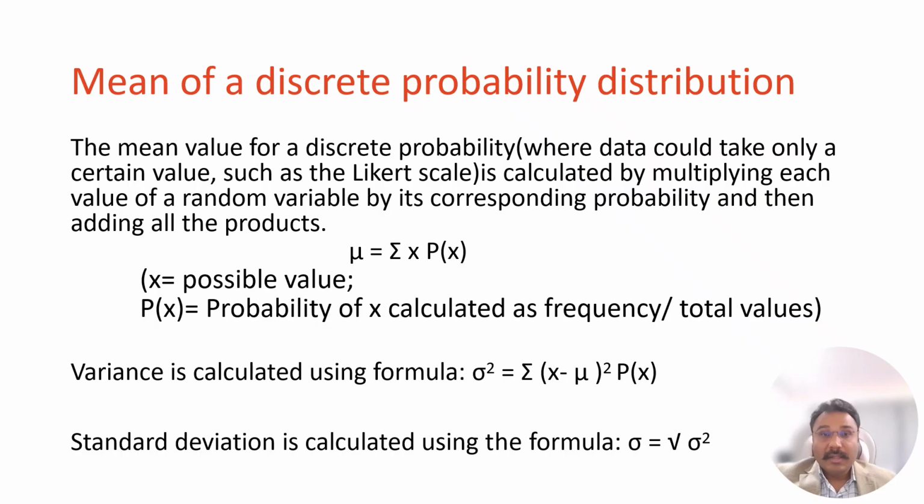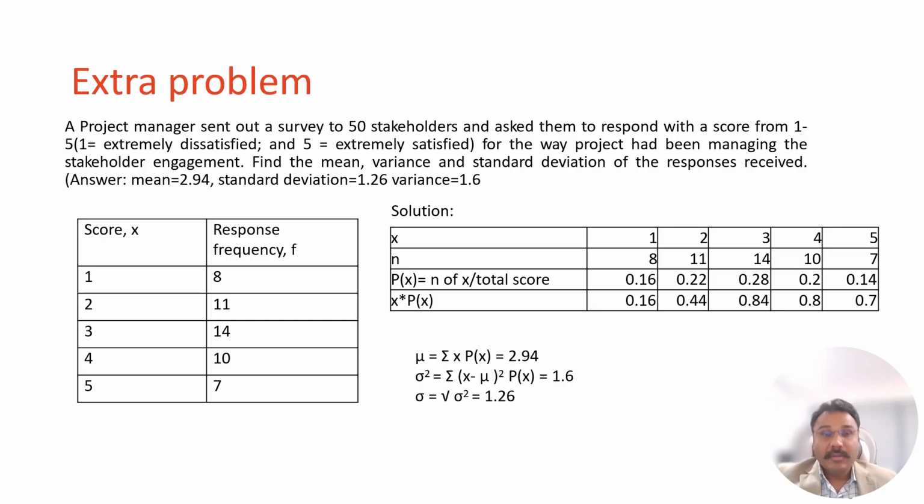While the mean tells us the average expected value, it does not tell us how spread out our data values are. So to understand the variability in data, we use variance and standard deviation. I will cover variance and standard deviation in the following slides. But next, in this slide, I want to give you some examples of how the mean of discrete probability distributions can be calculated.